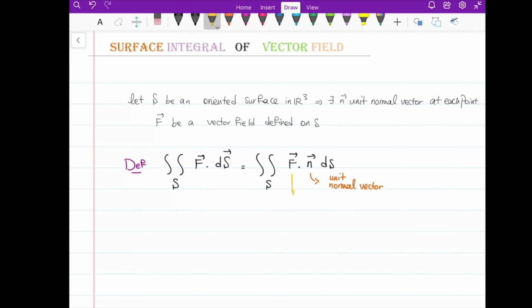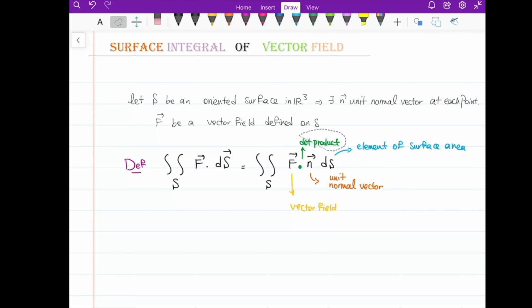Then the vector field F is the vector field, and this little dot in here is the dot product, because I have a vector field in here, I have another vector in here, so that's why I need the dot product between them. And then ds in here would be the element of surface area.